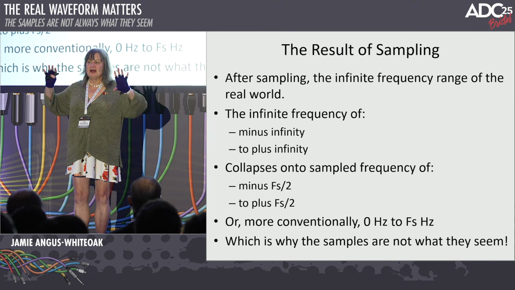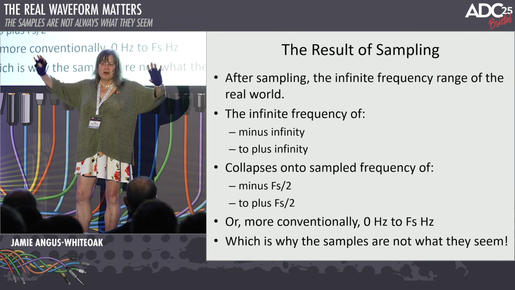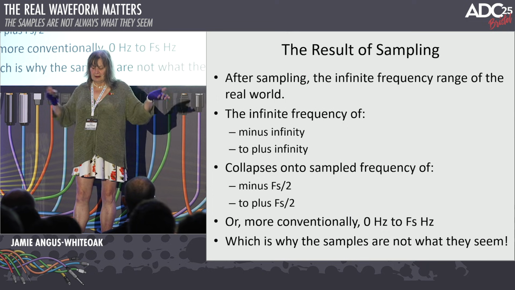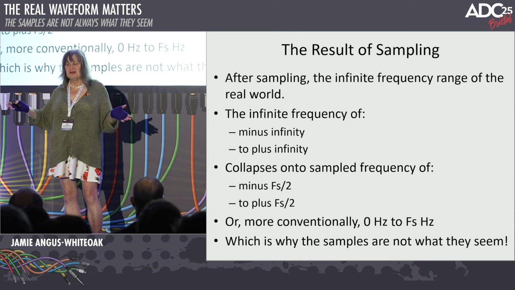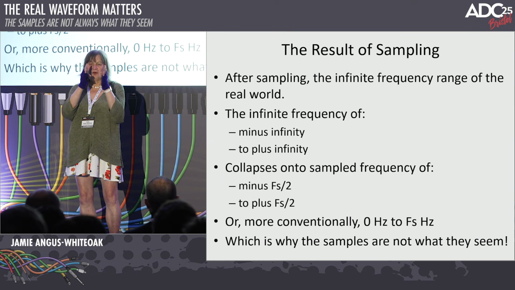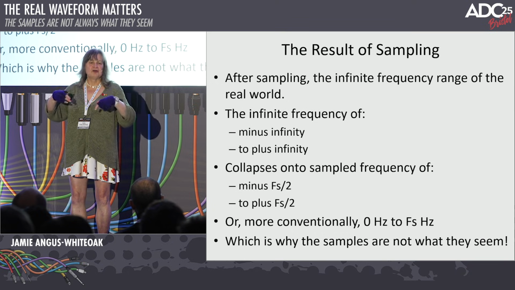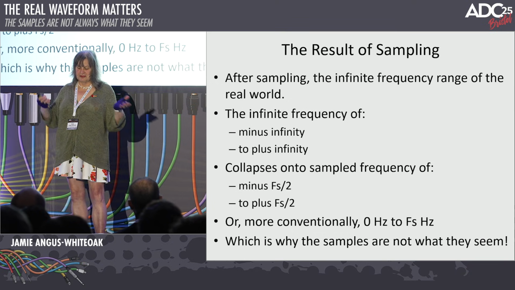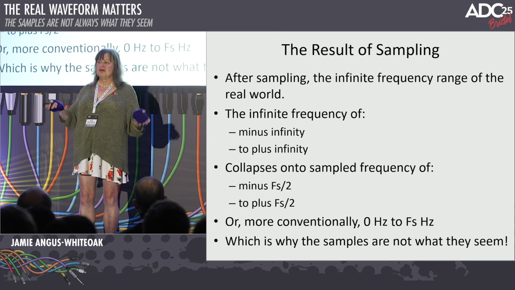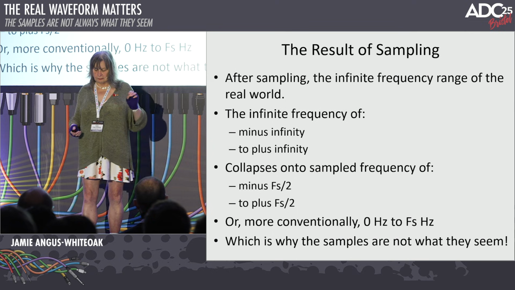So let's summarize that. Result of sampling. After sampling, we have an infinite frequency range in the real world and copies of our original signal from minus infinity to plus infinity, and that's all effectively collapsed. Our samples are representing all of that, and nominally between the frequency of plus or minus fs over 2, although more conventionally we think of it as 0 up to fs.